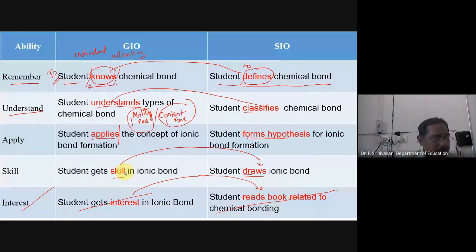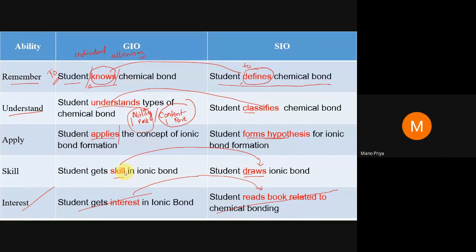Manopriya, you continue. Just continue after that. Sir. Okay, don't start from the beginning, start from where he left. Okay, sir. These two instructional objectives must have 2 points, sir: ability point and content point. Very good.